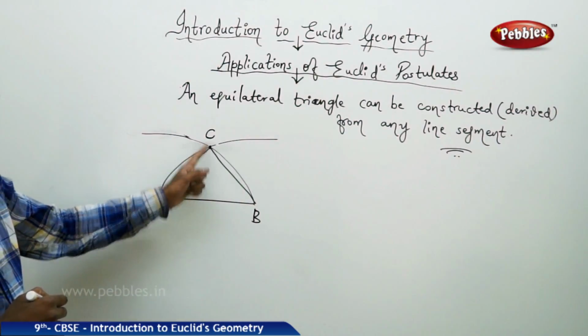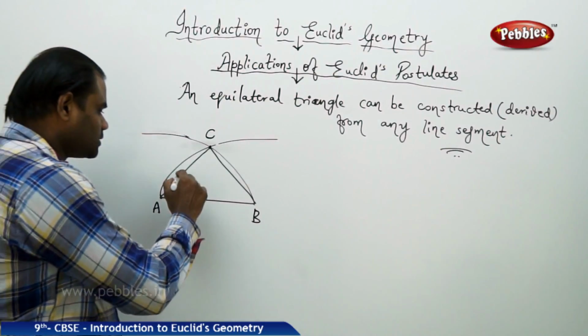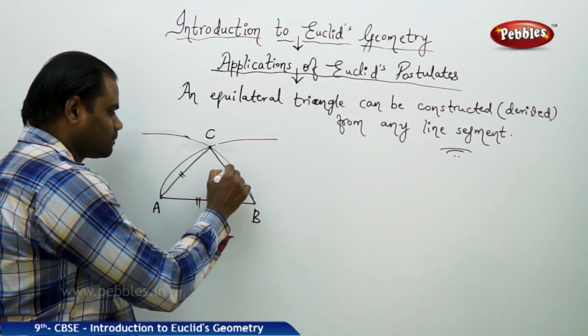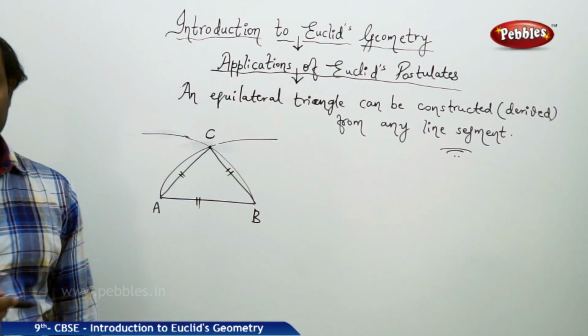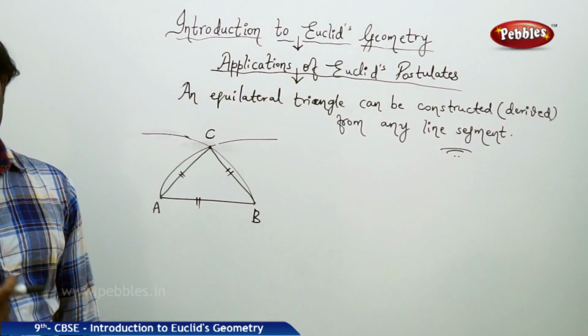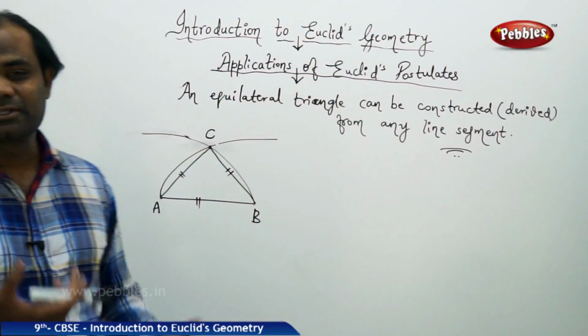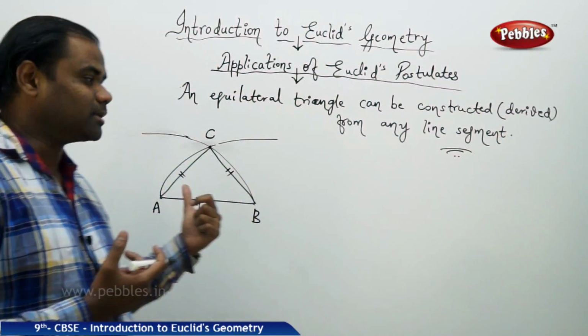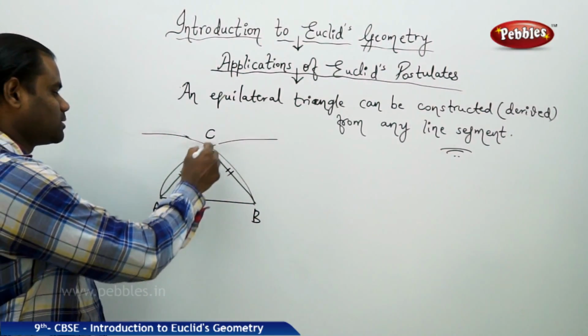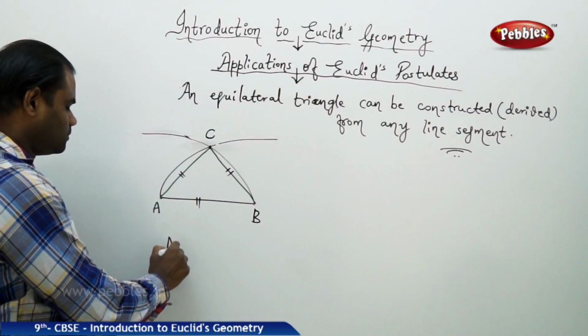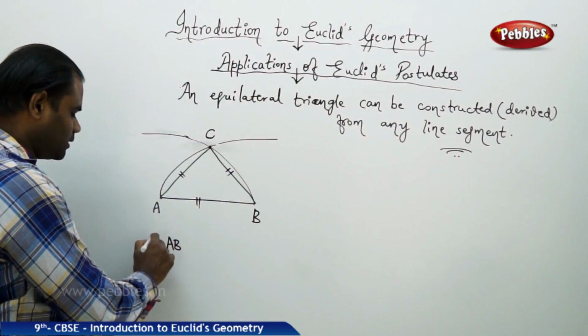An equilateral triangle which has all the three sides equal is how Euclid came out with the idea that any circle can be drawn with a center and radius. So he drew different circles from the line segment and then the point of intersection was joined to form triangle ABC.